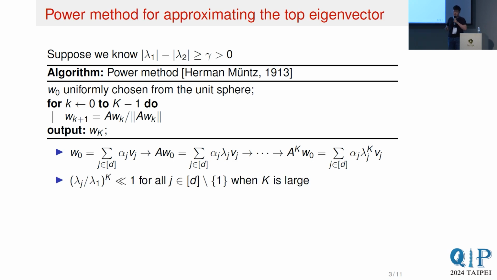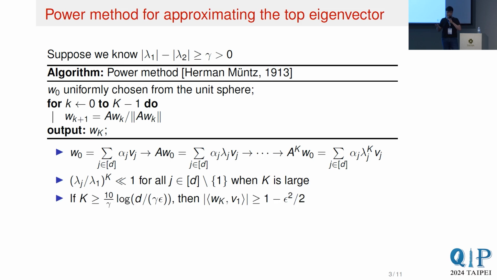As I said, we assume there's a gap between the top and other eigenvalues. So when k is large enough, the final output after renormalizing will be a good approximation of the top eigenvector. Precisely, if you choose your capital K as large as order 1 over gamma, then it's good enough to approximate the top eigenvector up to the global phase.